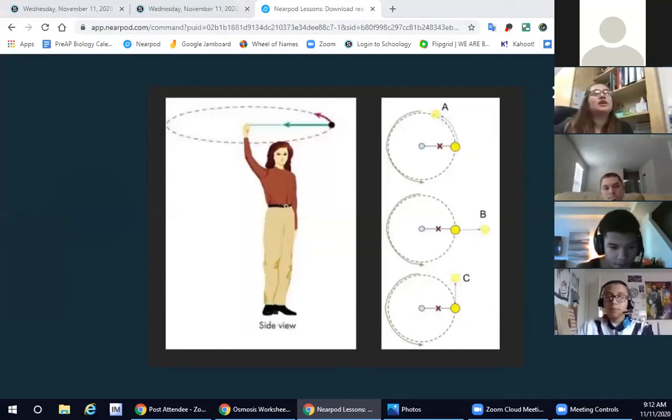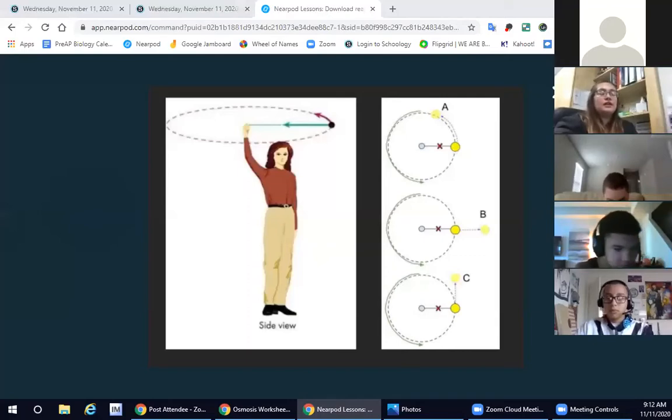Right here. So because of centripetal force, an object will always have a constant velocity perpendicular to the center, and it will always travel in a straight line. So if there was no centripetal force pulling it towards the center, objects would continue to travel in a straight line. But since we're pulling them in, they're going inward.